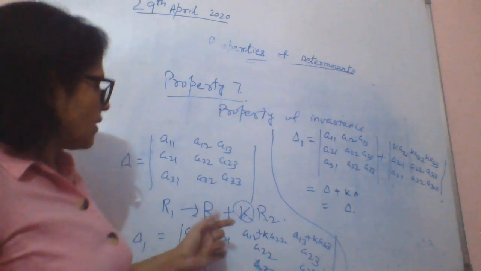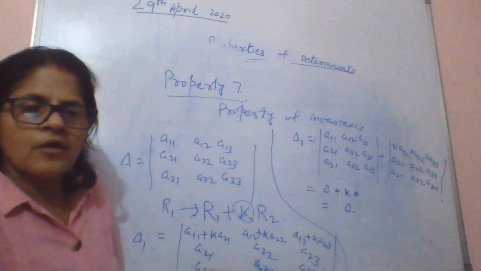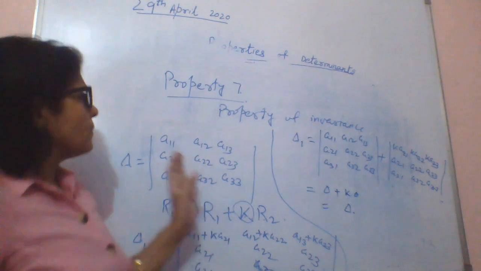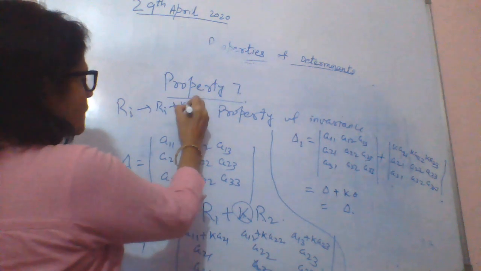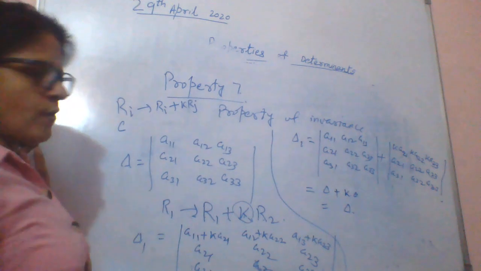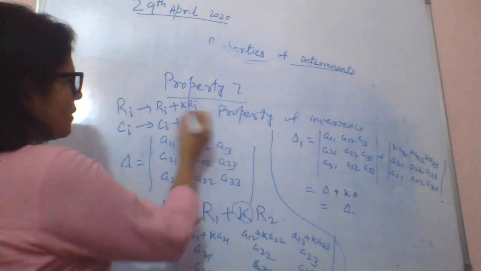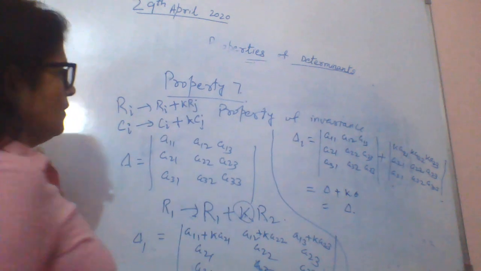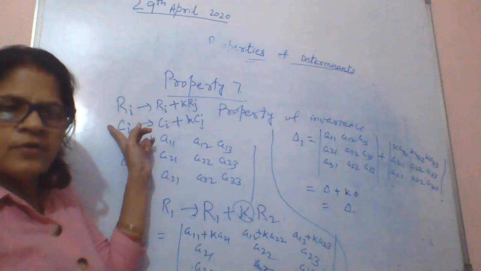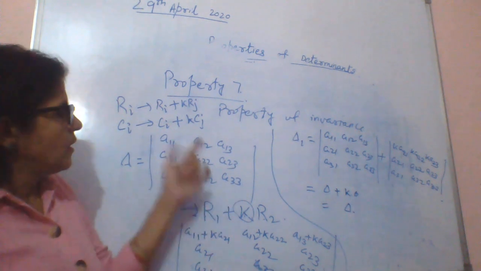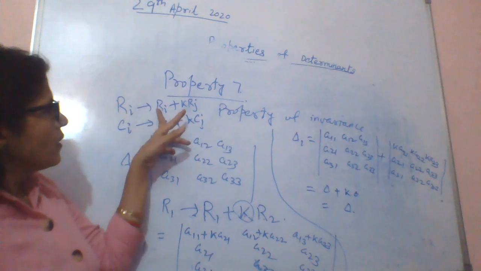It means whenever you add a multiple of another row, similarly column wise also you can go.